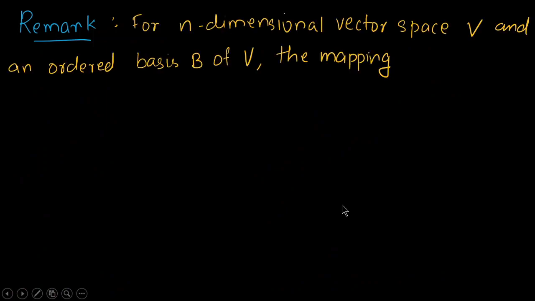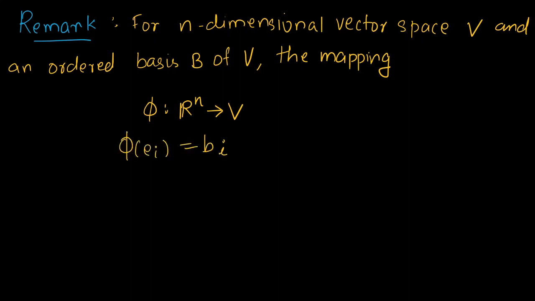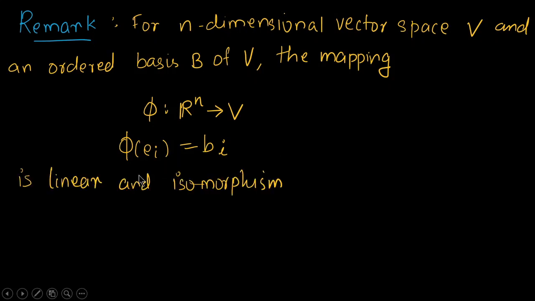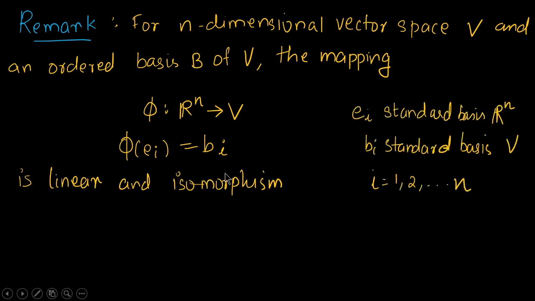Then a remark: for an n-dimensional vector space V and an ordered basis B of V, the mapping phi from Rn to V, with phi(e_i) equal to b_i, is a linear and isomorphic transformation. e_i and b_i are the standard bases of Rn and V. e_i is the basis vector of Rn, and b_i is the basis vector of V, and they are standard also, where i is equal to 1, 2, up to n.